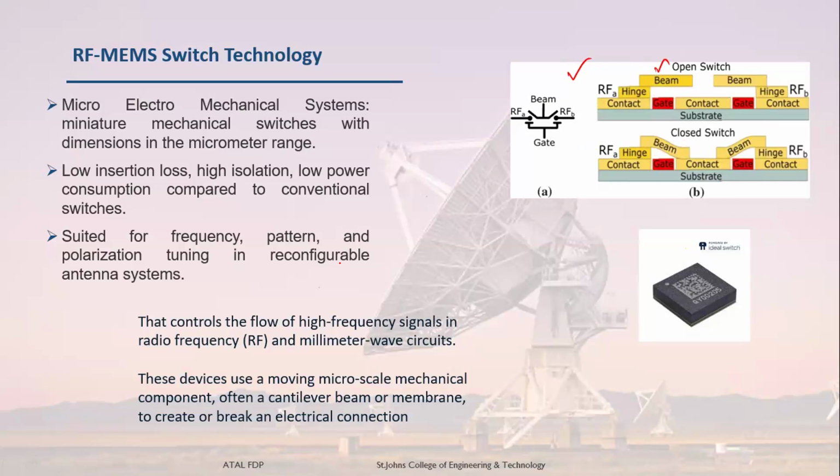The only thing you have to understand is how much insertion loss it gives. When a signal is given here and taken here, is there an insertion loss? You have to take care of that. What is the isolation? What is the insertion loss? The switch is only to connect RF A and B, but there should not be any power loss here.